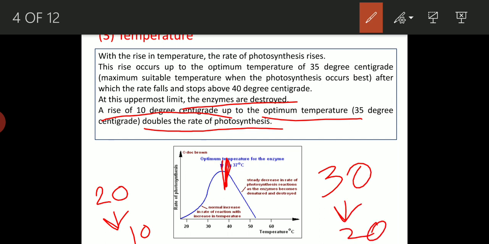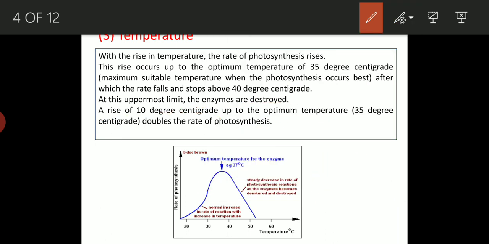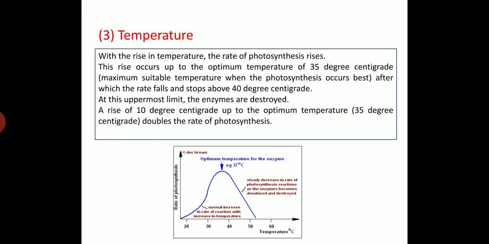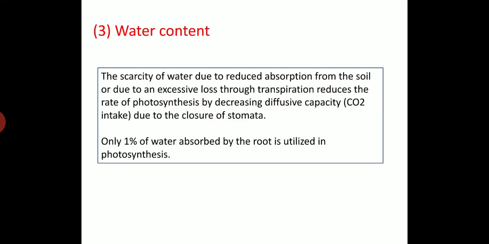But this will occur up to that optimum temperature of 35 to 37 degrees centigrade. For every 10 degree rise in the temperature, the rate of photosynthesis will double. Clear?